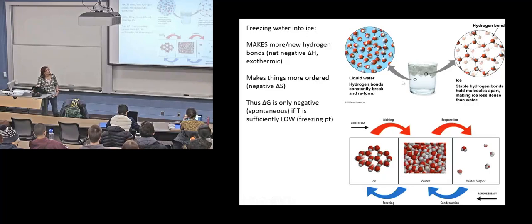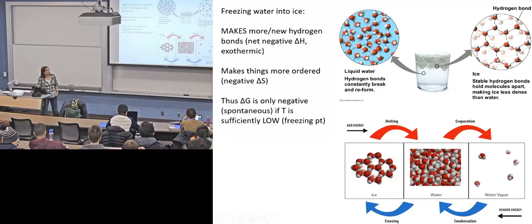So in going in this direction, I am making a whole bunch of new H bonds. Delta H is negative. Things are getting more ordered, obviously, so I would have a negative delta S in going from water to ice. So delta G is only negative or spontaneous if temp is sufficiently low. We know it's as long as we're below the freezing point.